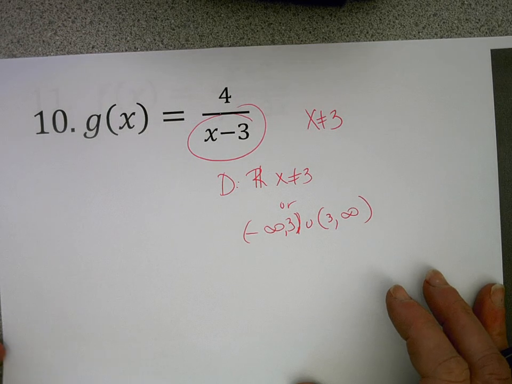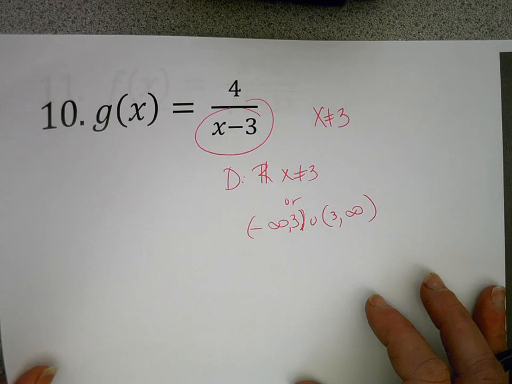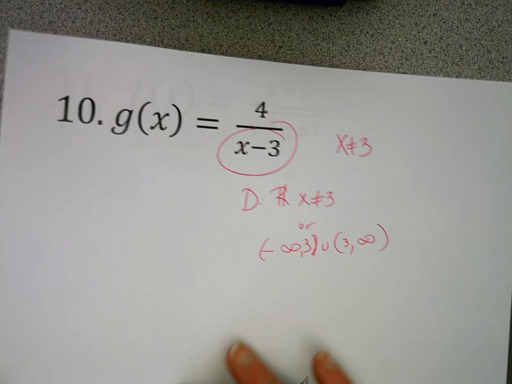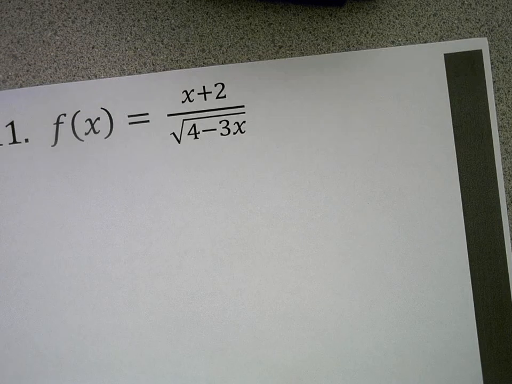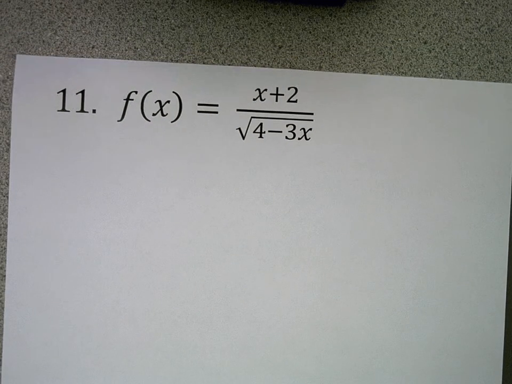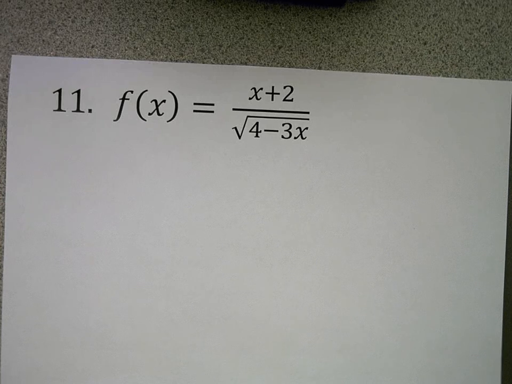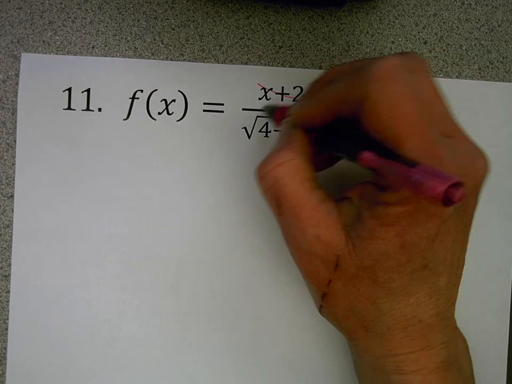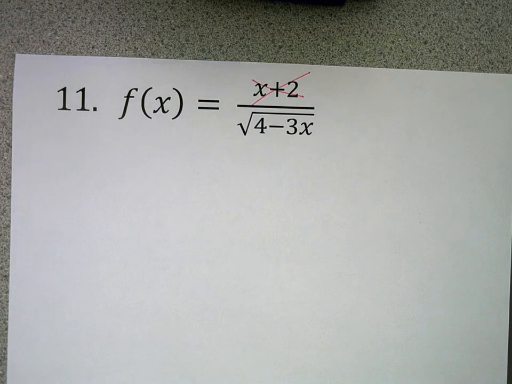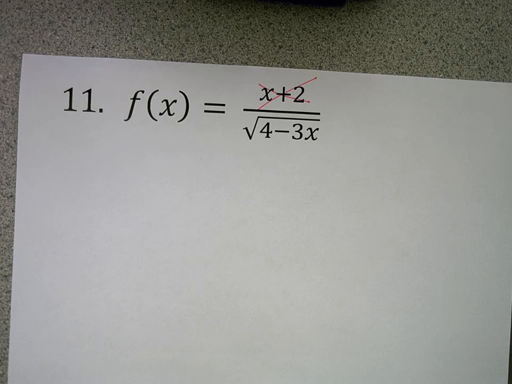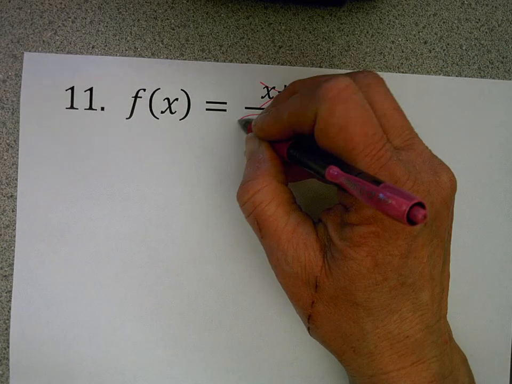Okay? Okay, last example. So that was just some review stuff. Last example. And then I'm going to show you some things on worksheet 2 before I stop. This is a double whammy problem. The top, it's fine. I can plug any number I want and add 2, so I don't have to worry about the top. But why is this a double whammy?